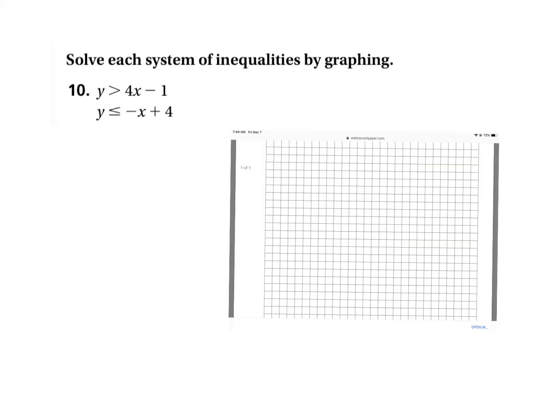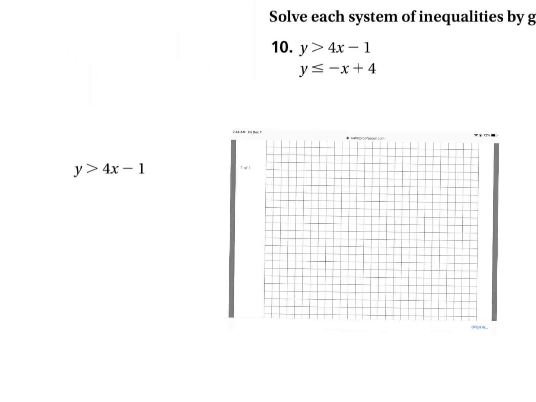Number 10, they want us to solve that system of inequalities by graphing. So we would graph both of these inequalities. First, you could find some points that would be on the inequality line if it was equals.